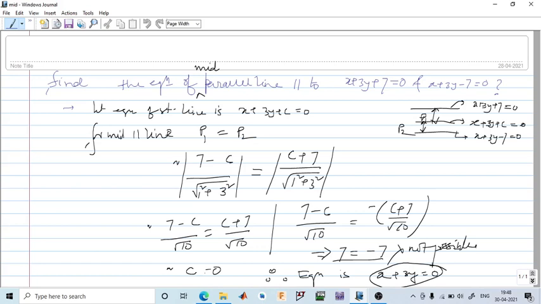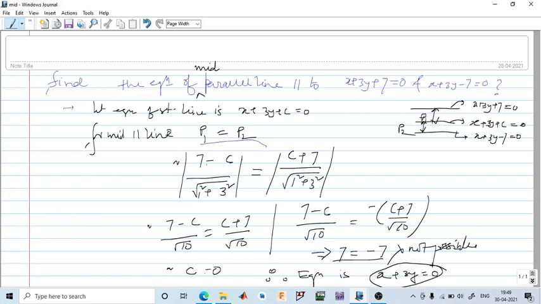If it is a mid parallel line, then the distances on either side must be equal. This is the condition. When the condition is fulfilled, you can say that it is a mid parallel line. So I just used the condition that the distances are equal, p1 equals p2.